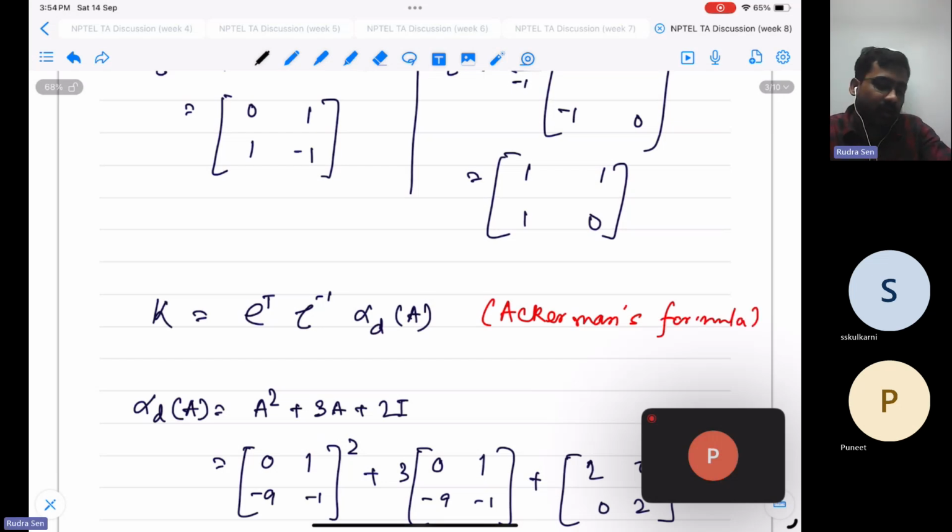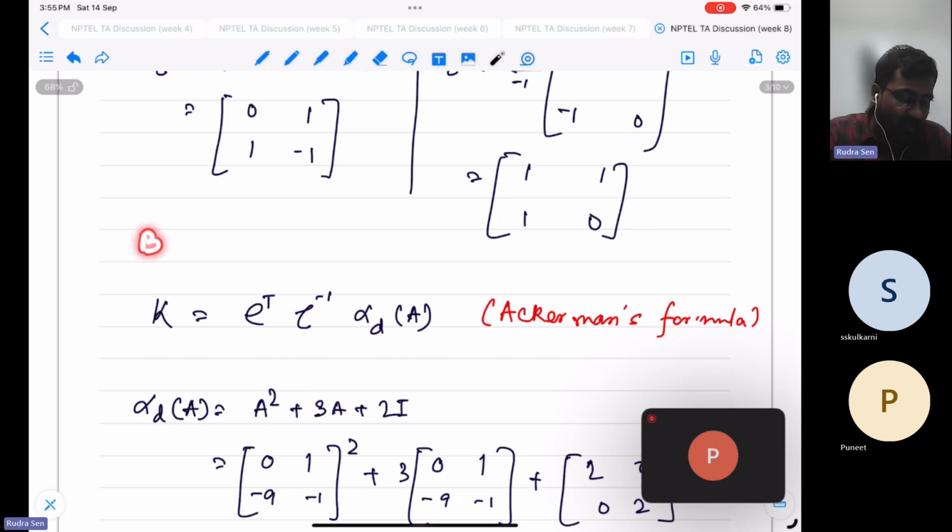In it we have used this C inverse term. To make it an inverse term, this C has to be a square one. If the system is a MIMO system, that is multi-input, multi-output, that means B is no longer a column vector. B will now become either a square matrix or a rectangular matrix, depending upon the number of states and the number of inputs.